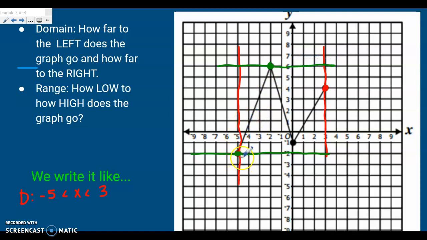So I know my lowest point, my green one, if I follow it to the y-axis, is -2, and my highest on the y value is 6. So to write that, we write it just like we wrote domain, with the lower number first, so -2. We're still having less than signs, but instead of x, because this is range, we're putting y. And then we put our highest number.